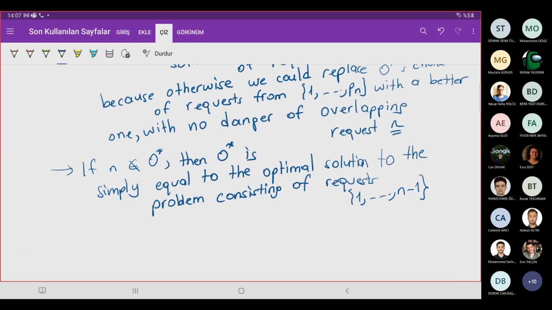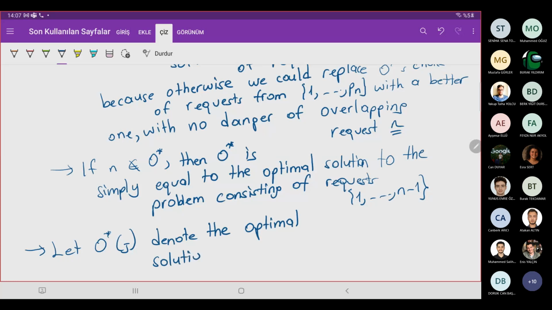Let O star j denote the optimal solution to the problem consisting of requests 1 to j. Okay.